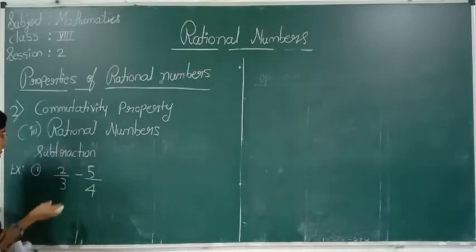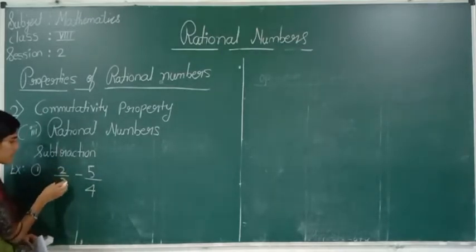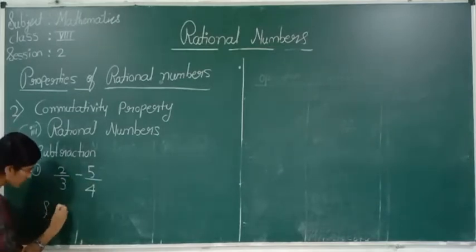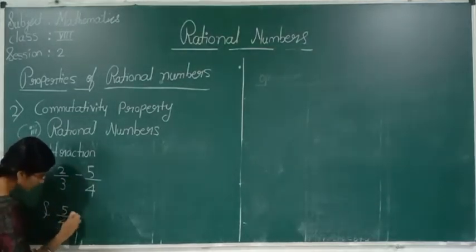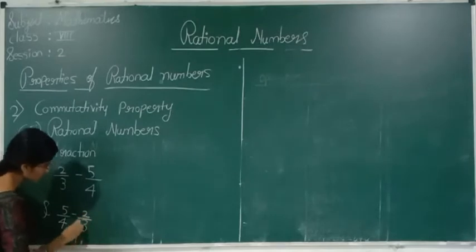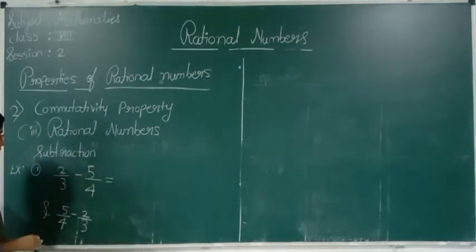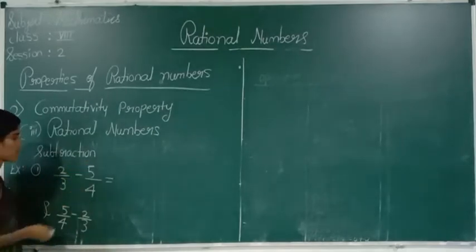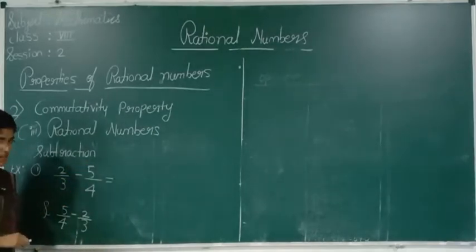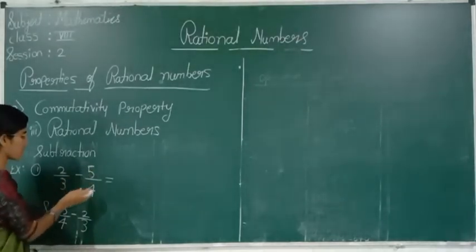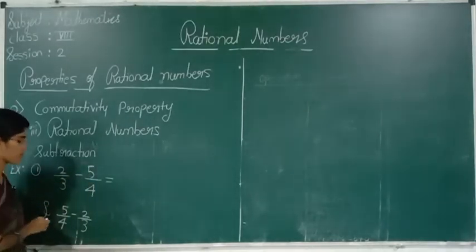Now we will check whether 2 by 3 minus 5 by 4 is equal to 5 by 4 minus 2 by 3. We will consider 2 by 3 and 5 by 4 as rational numbers.